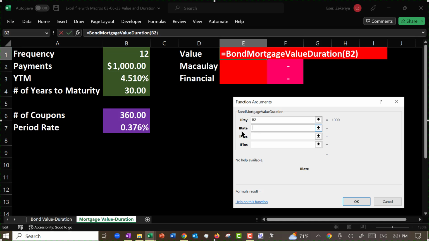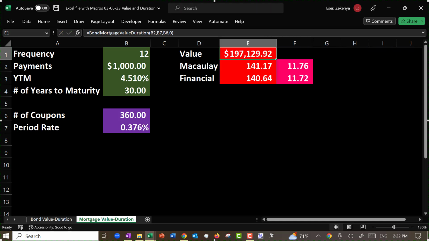Since this is a mortgage, there is no final payment, so it's 0. Okay. It says if you're going to make $1,000 payments for the next 30 years and mortgage rate was 4.51, what you owe is actually 197,129. Okay.